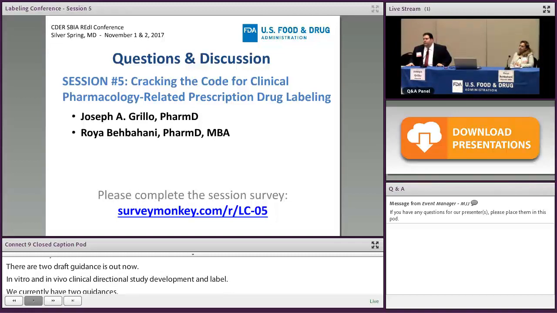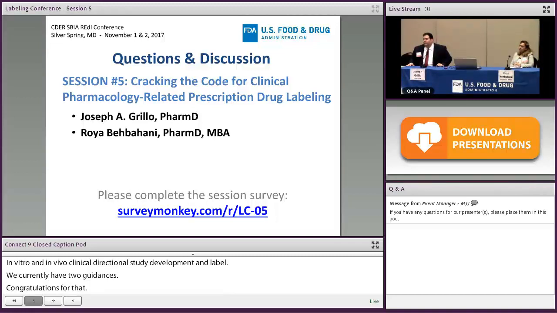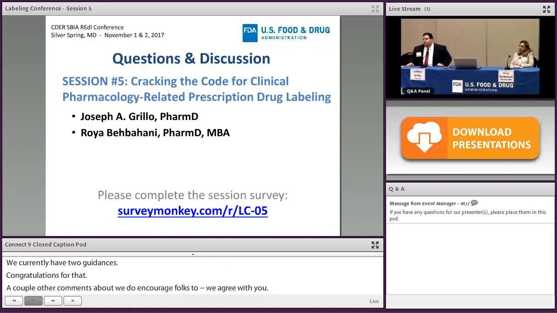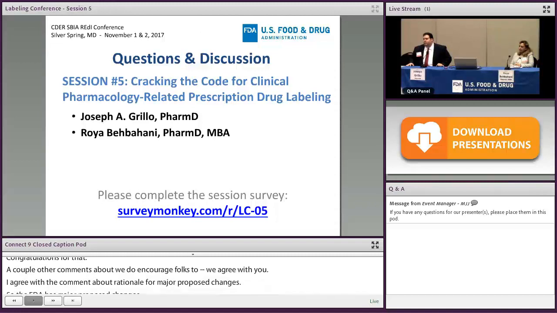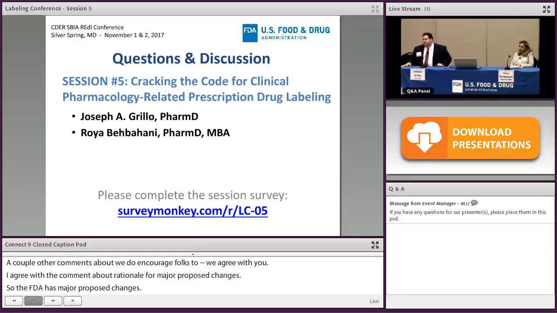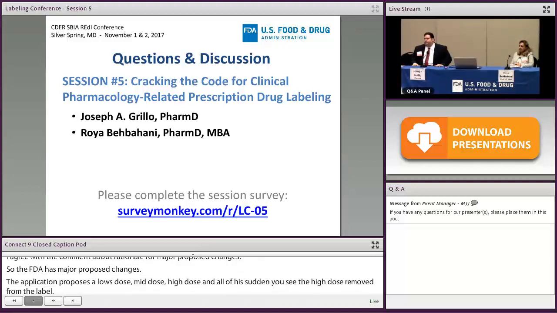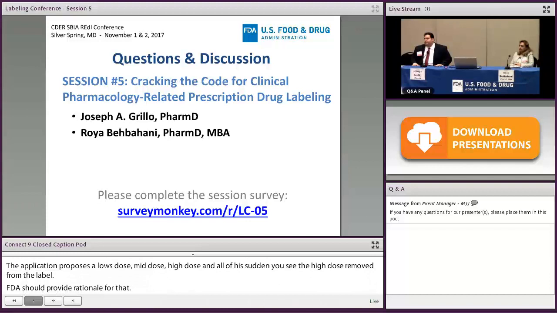A couple other comments. I agree with that comment about rationale for major proposed changes. So if the application holder proposes a low dose, mid dose, and high dose, and all of a sudden you see the high dose removed from the labeling, the FDA should provide a rationale for that. Small changes in general, we don't expect that. With respect to early review, we encourage that.